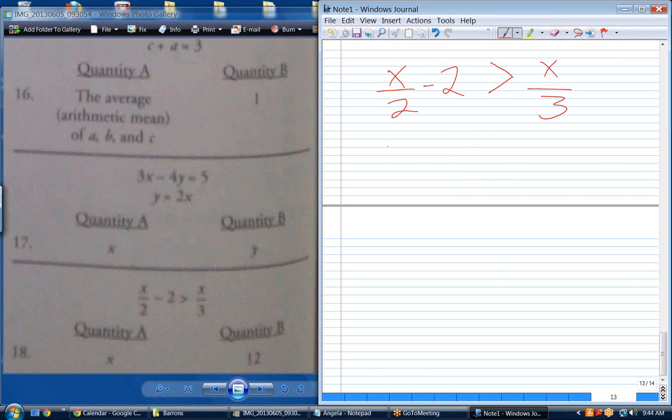Multiply by 6. Okay, so now we have 3x minus 12 is greater than 2x. Now it solves pretty easily. Bring the 2x over and you get x is greater than 12. Quantity A is larger.